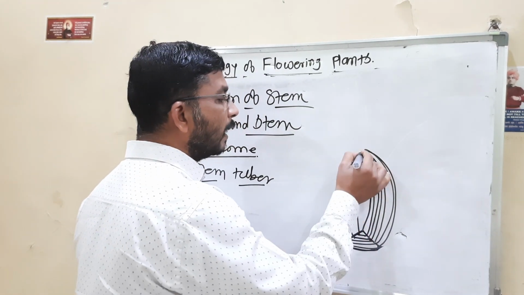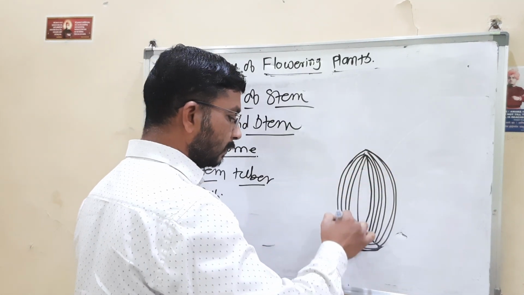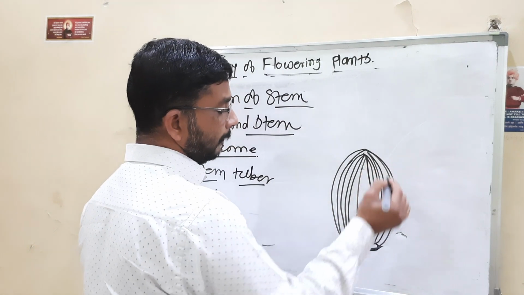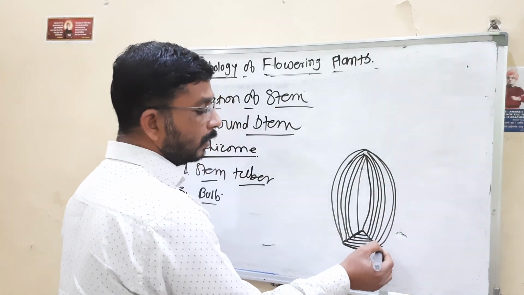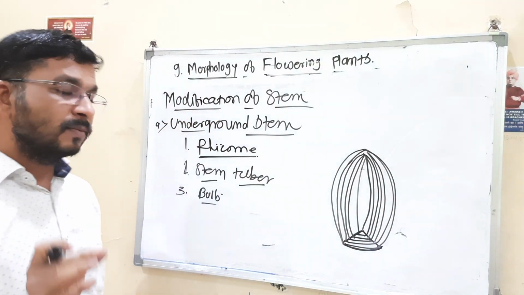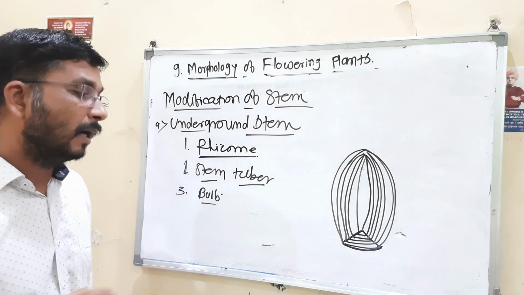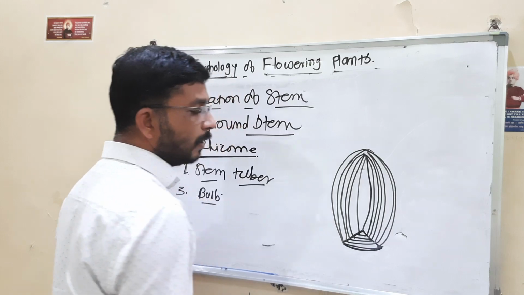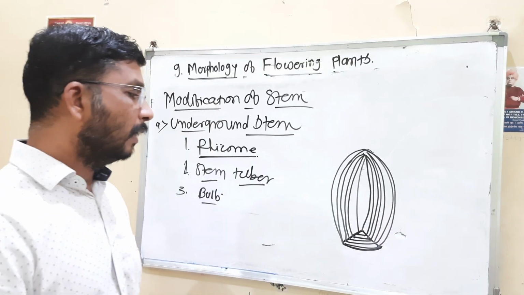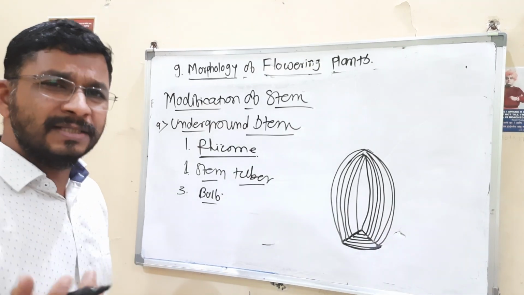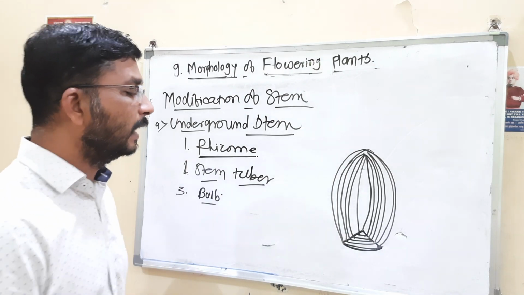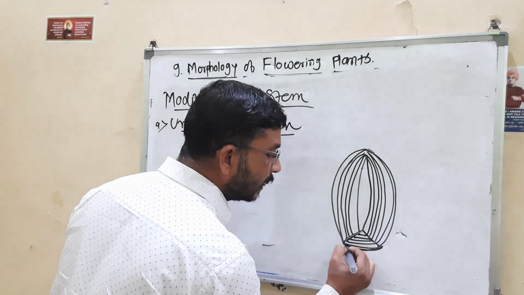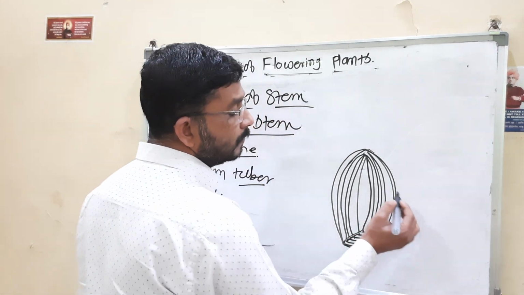Some leaves are inside the stem, inside the onion. We found they are somewhat thick, and in the outer wall there are somewhat thin leaves, that are called scaly leaves. Here, on this stem region, leaves are formed.